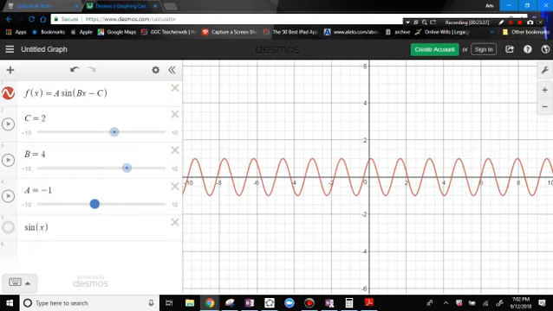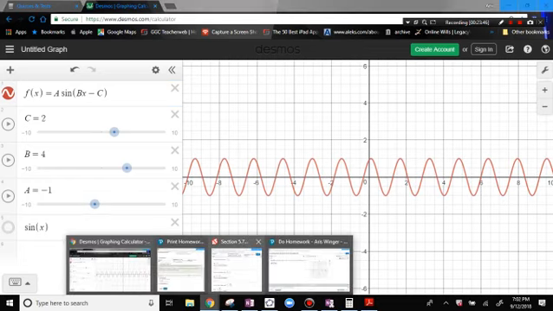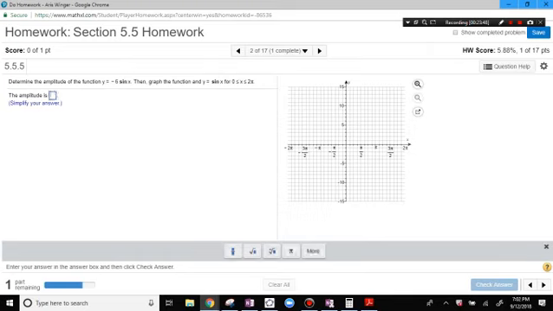We knew that if we put a minus sign on the outside, that means we take all the y-coordinates and change the sign. All the y-coordinates that were positive now become negative, and all the y-coordinates that were negative become positive. You're just reflecting over the x-axis. So we're going to have to check that box. For this one, with minus signs on the outside, you need to reflect over the x-axis.